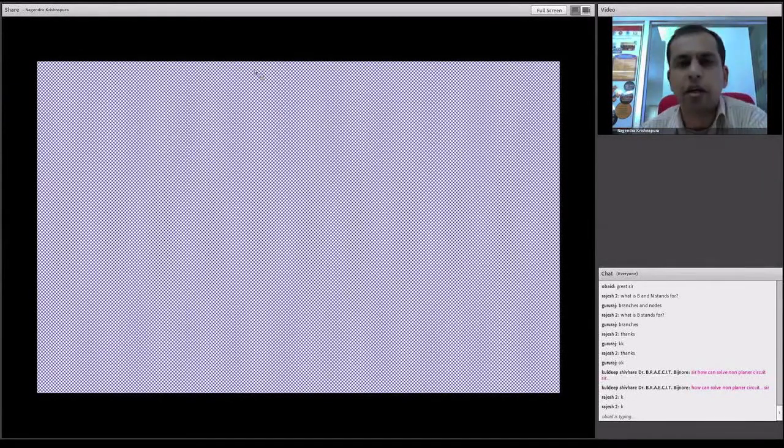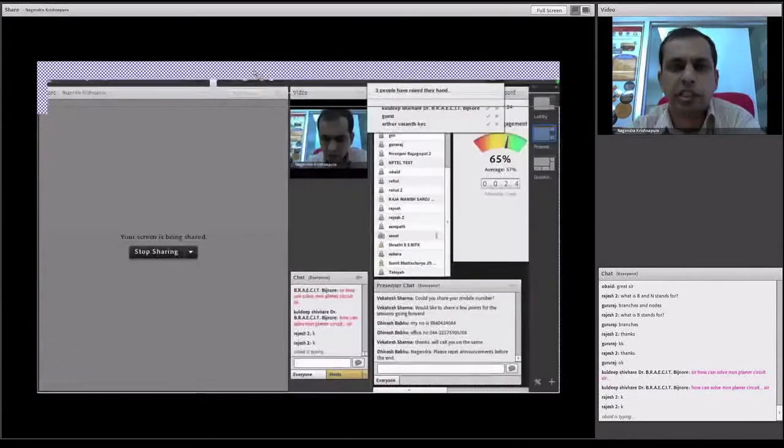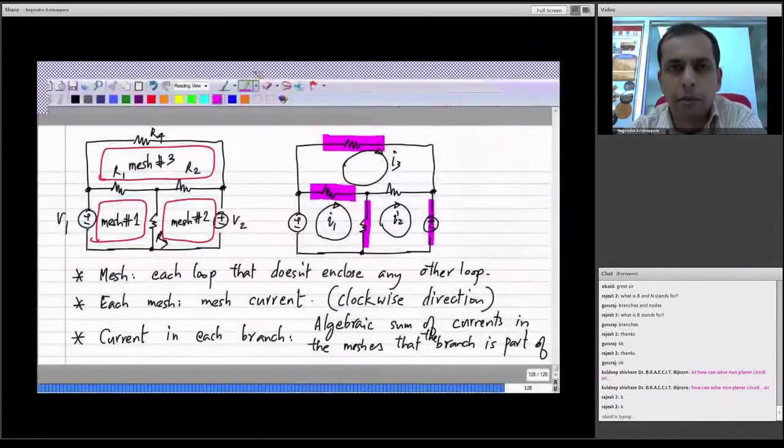I defined planar circuits, meshes and mesh currents and branch currents in terms of mesh currents. Any questions about any of these?